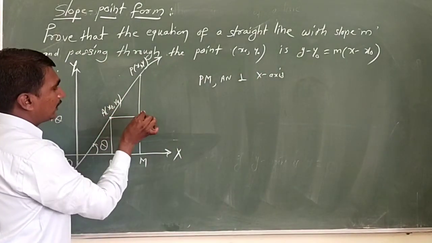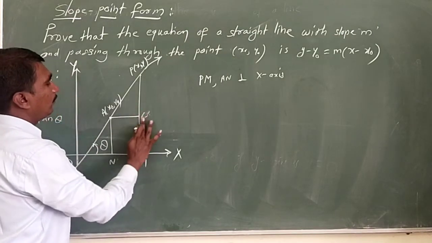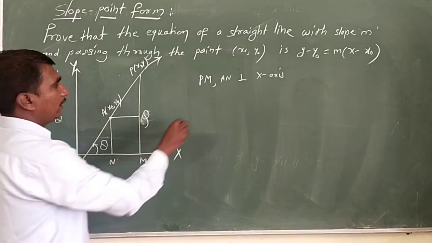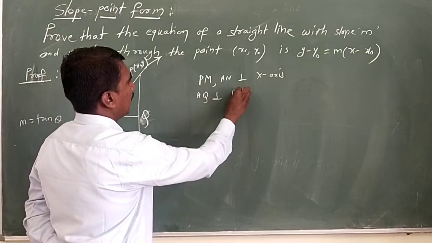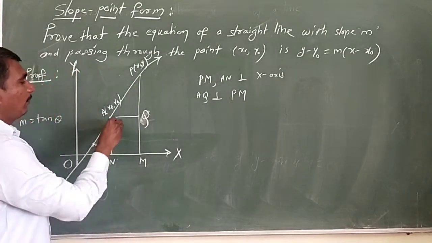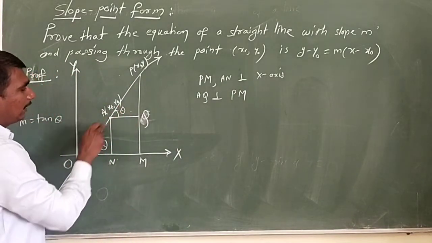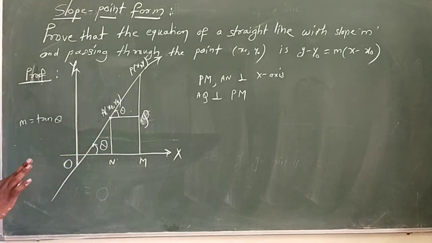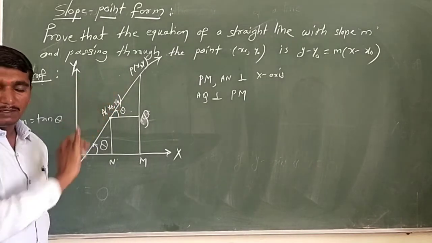Again, we take AQ perpendicular to PM. Now this angle should be theta, because this is theta, then this is also angle theta. So therefore we have taken P of x, y as any point.